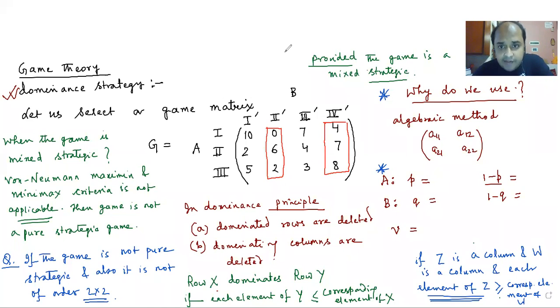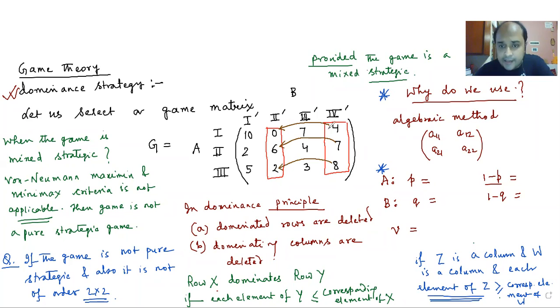If I try to compare this element 4 with that element, you will see that 4 is greater than 0. The element 7 is greater than the element 6, and element 8 is greater than the element 2.